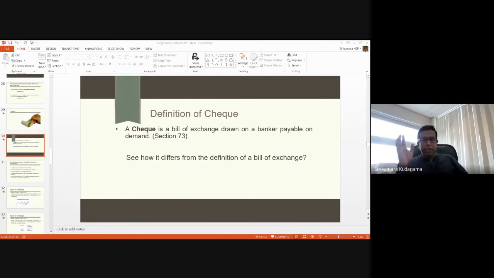This definition says a cheque is a bill of exchange drawn on a banker payable on demand. Is there an interrelationship between these two things? I would like someone to speak. Look at what is in slide 12 and this one.